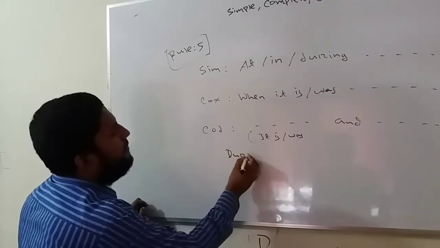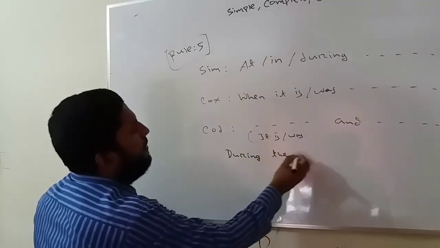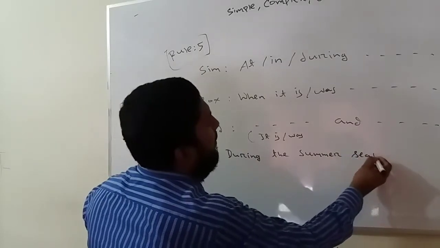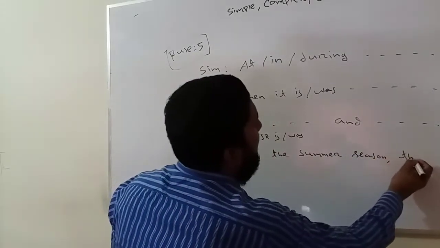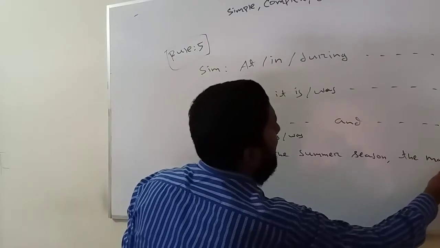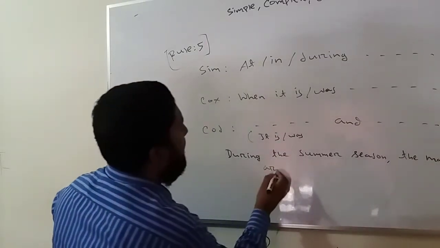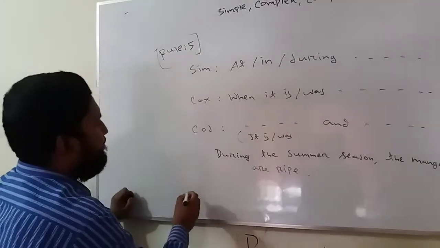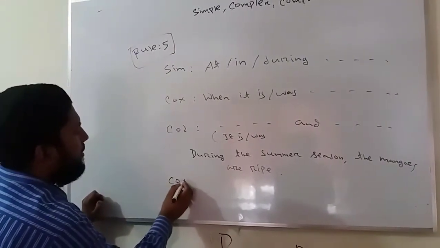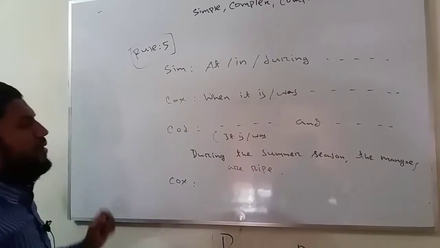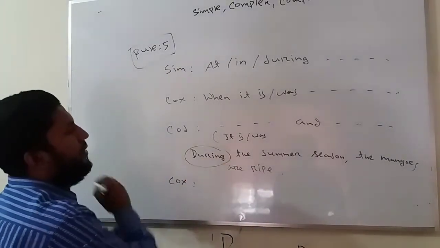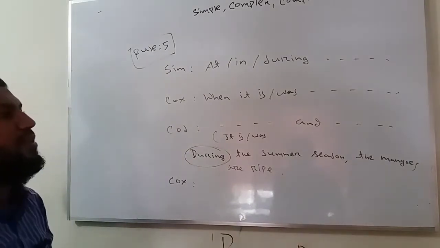During the summer season, the mangoes are ripe. This is a simple sentence. So change the sentence into complex. During the summer season, the mangoes are ripe. In spite of during, you will have to use when, it is or was.